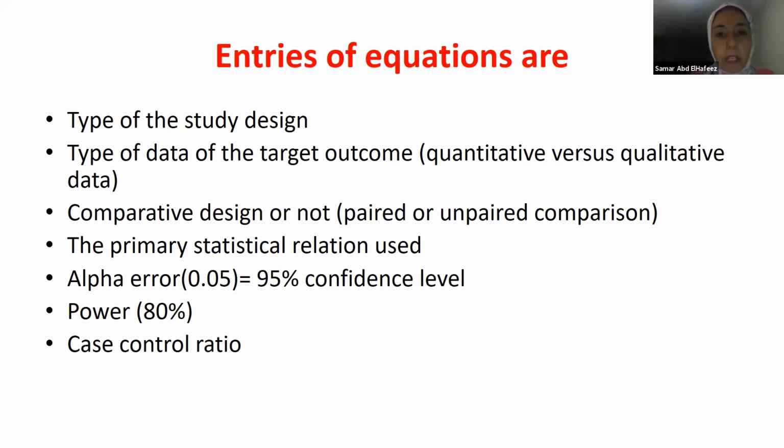The third determinant for the sample size calculation is whether the comparative design is paired or unpaired. What does it mean? Sometimes a researcher will do a study to assess the effect of a certain drug or a certain health education program on the same group of the population. So he recruits a group and assesses the parameter, let's say the blood pressure.